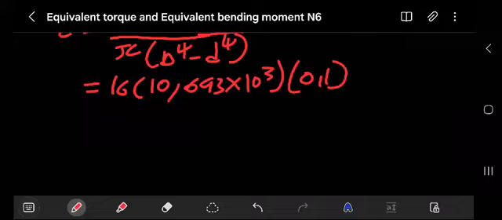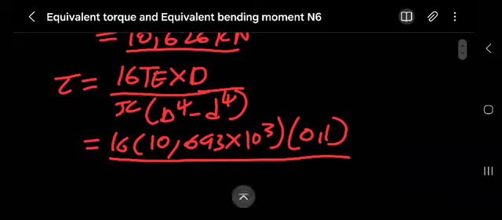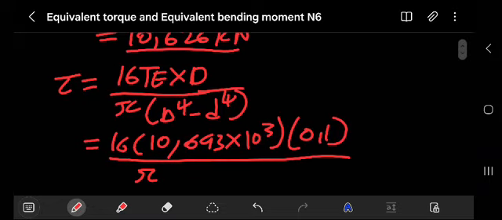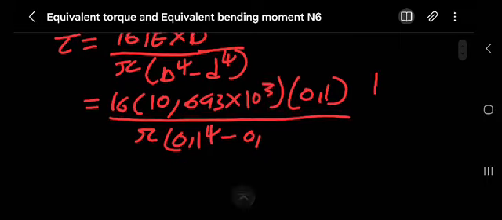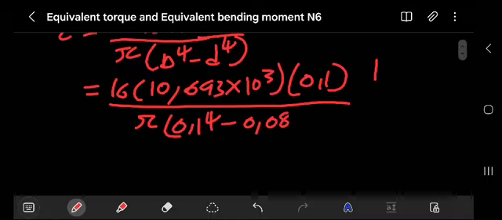When you divide by pi, the outer is still 0,1 raised to the power 4 minus 80, which is the same as 0,08, raised to the power 4.